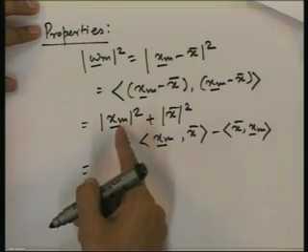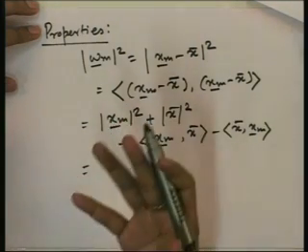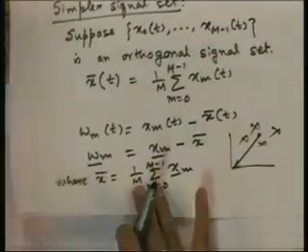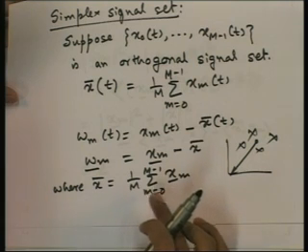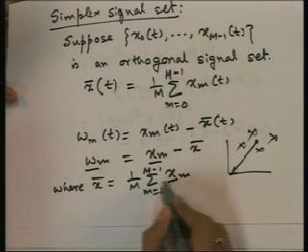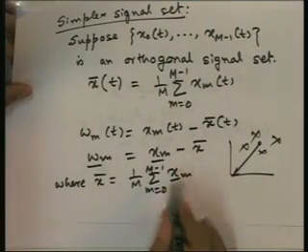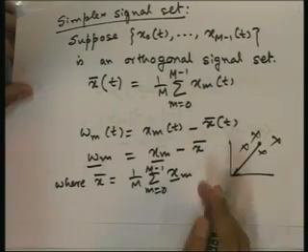This magnitude is of x m, which we have taken to have energy E. For the original orthogonal signal set, we assumed energy E. So, this is E. Now, what is the energy of x bar? Let us see what x bar is. x bar is this. So, what is the energy of this? It is just E by m, because the energy of this is nothing but the inner product of this with itself, and when we do that, we can use distributivity.